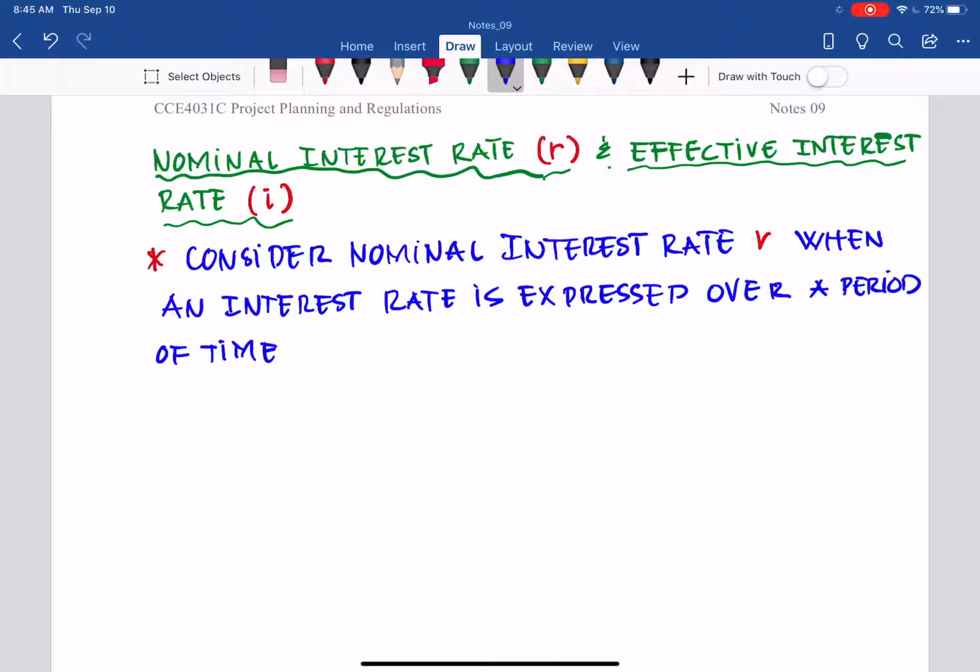Okay, so that is nominal. It's nominal when the interest is spread over a period of time different from the compounding period.